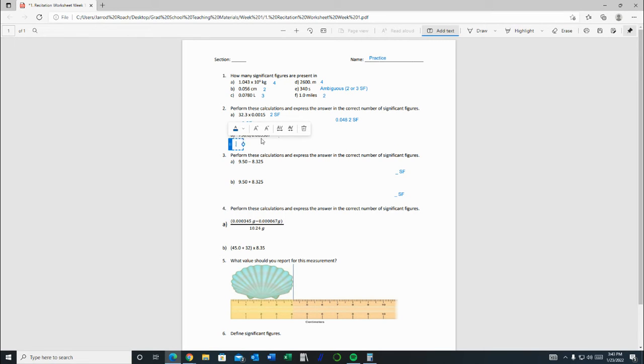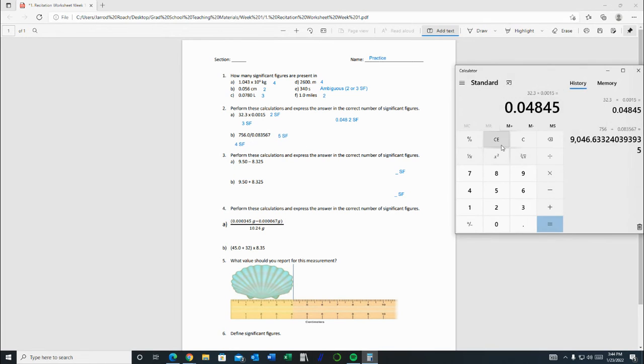Let's do the same thing for our next problem. Here we have a number with three non-zero numbers and then a trailing zero, which is significant. So our first number has four sig figs. And for our next one, we have leading zeros. Those don't count. And then 1, 2, 3, 4, 5 numbers that are non-zero. So this one has five sig figs. So our answer should have four sig figs. Let's do the math.